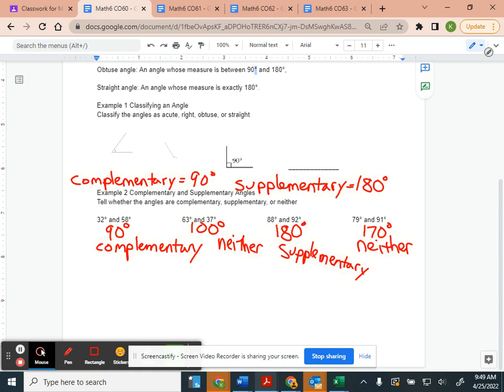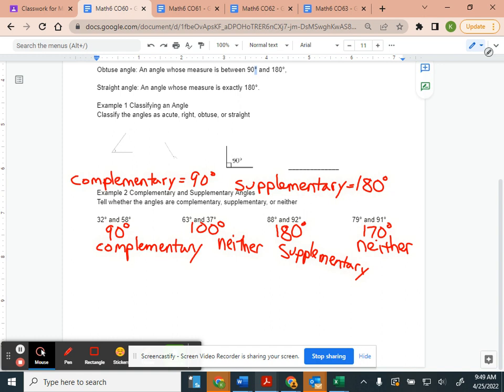All right, so our work for today is workbook page 127, 128. We will be doing all of the problems. So on the back side, we need to figure out what we know about complementary and supplementary, and we need to work our way backwards.